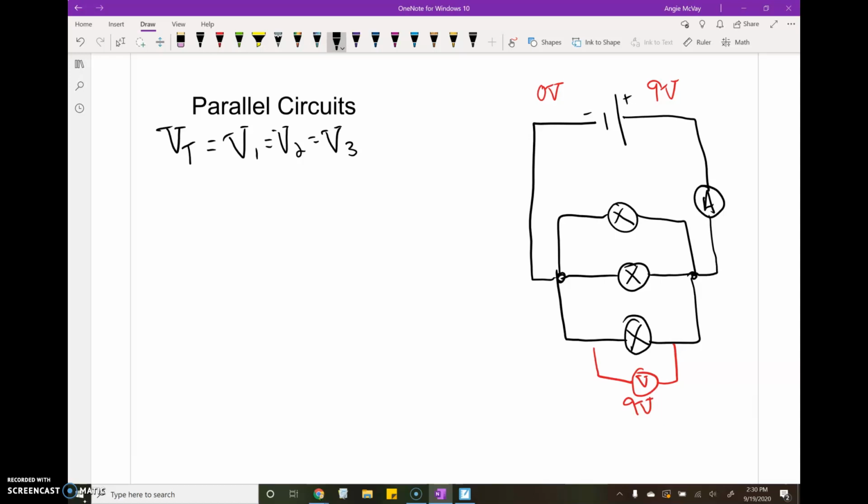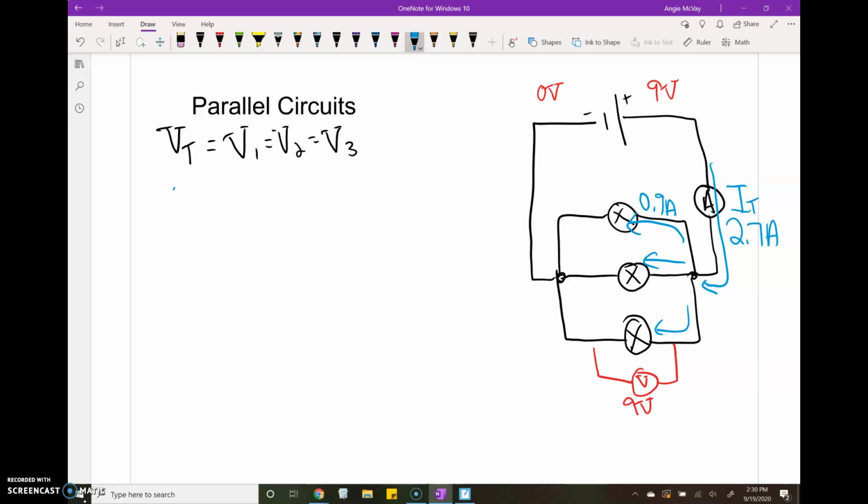But you may have noticed for the current, the total current was 2.7 amps, right? That was the total current. But the current that would go through each light bulb was 0.9 amps, right?